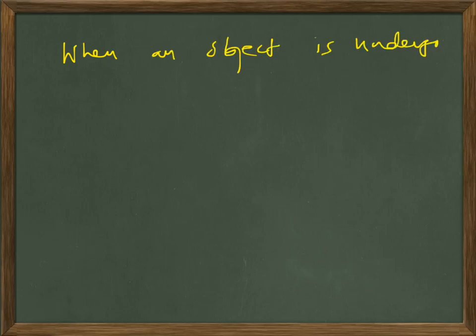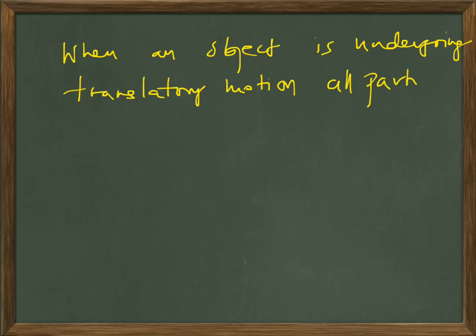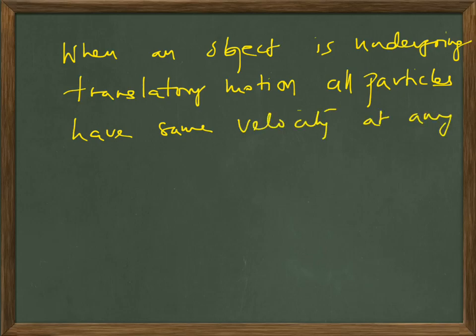So one important feature of translatory motion is, when an object is undergoing translatory motion, all particles have the same velocity at any arbitrary instant of time.